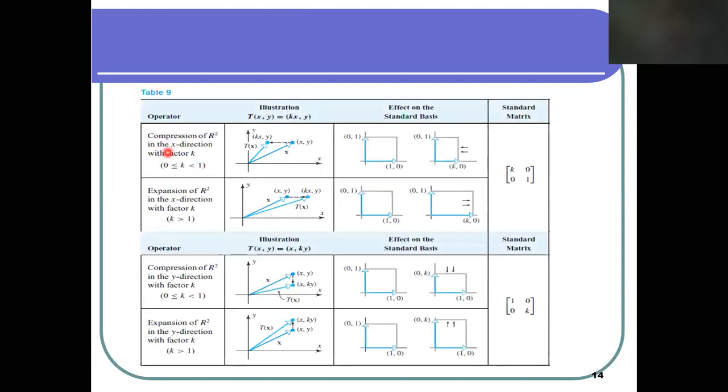Let us explain this with some geometrical representation. In this table 9, for compression, if k is from 0 to 1, and you apply it, this is any general point in the xy plane.